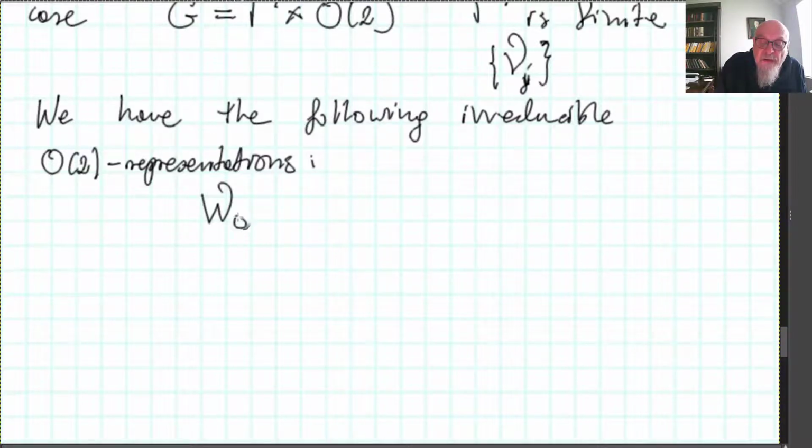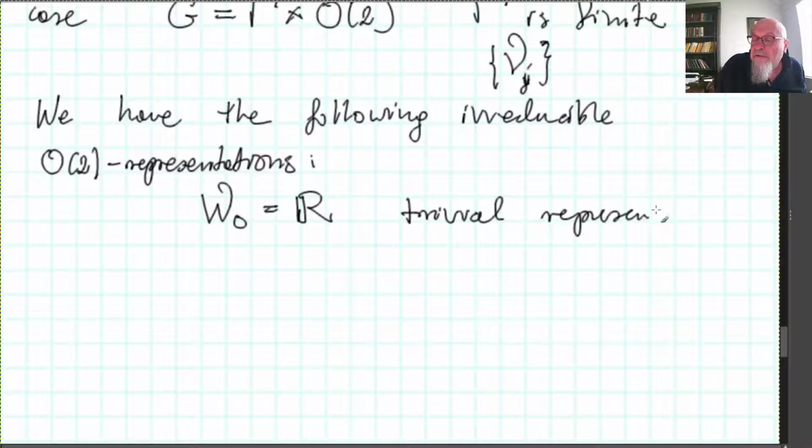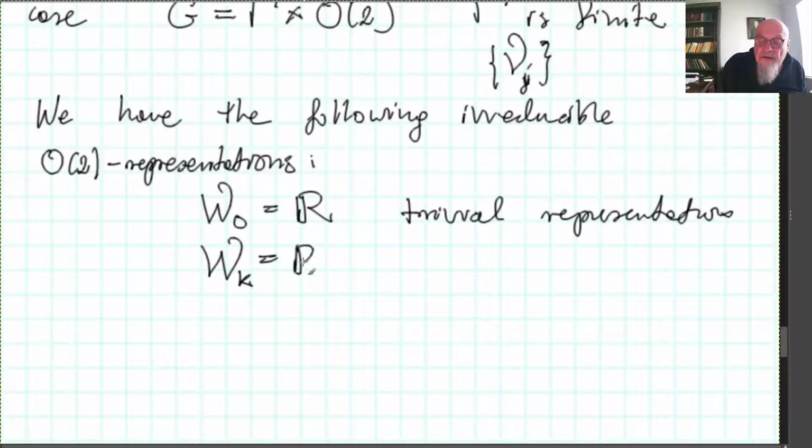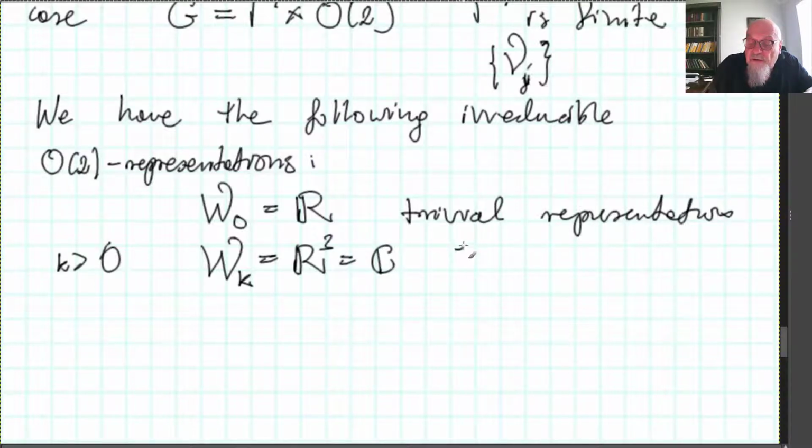Of course we have here W0, which is trivial. And then we have here Wk, in this case it will be R2, k larger than 0. And this can be considered as acting on C, and we have here O2.